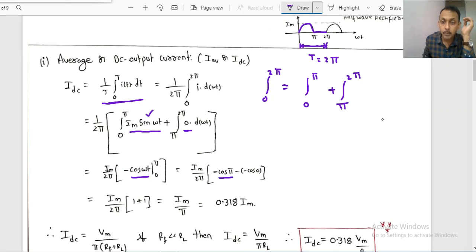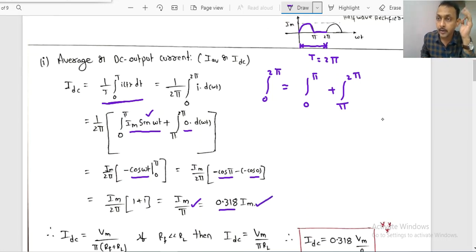Upper limit is cos π, lower limit is cos 0. Cos π is minus 1, minus of minus 1 plus 1, cos 0 is 1. So 1 plus 1 is 2, Im by π. Im by π is 1 by π, 1 divided by 3.143, 0.318 times Im. Very important.